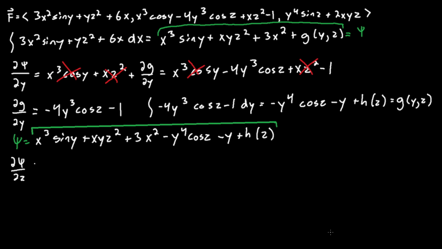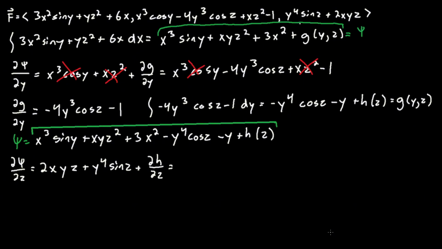So the z partial of this: this cancels out because it's not dependent on z. The z partial of this term is 2xyz. This cancels out, not dependent on z, and this does not cancel out. This turns into plus y to the power 4 sine of z. And this cancels out because it's not dependent on z.